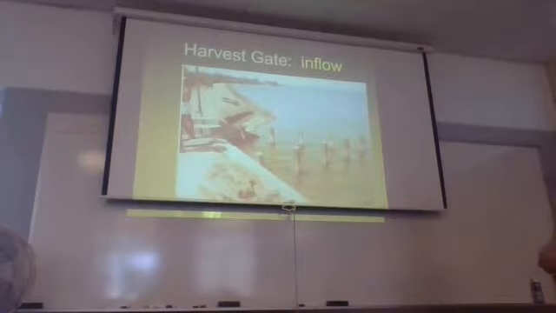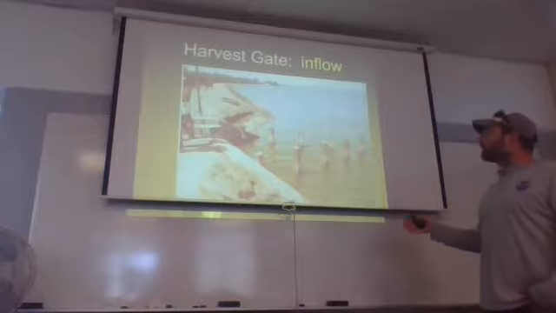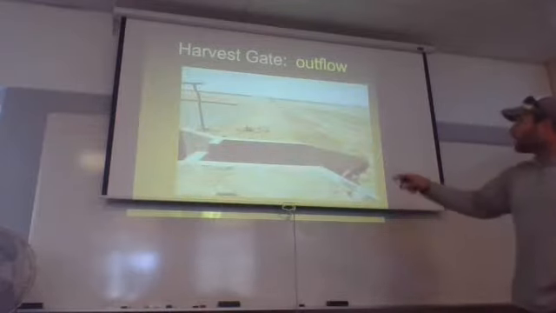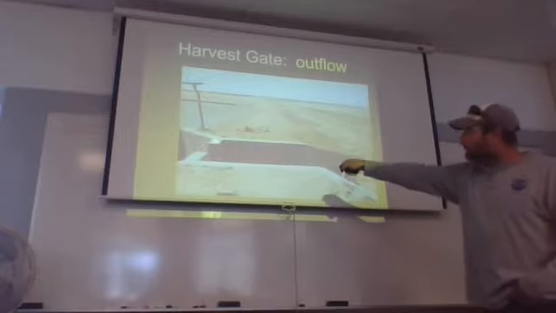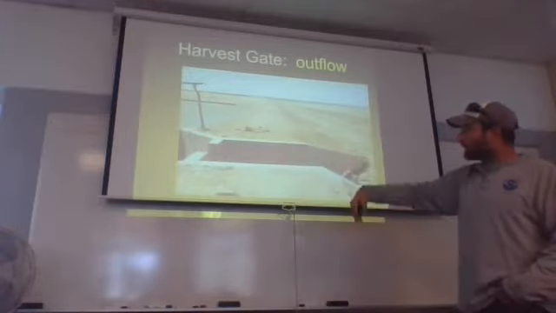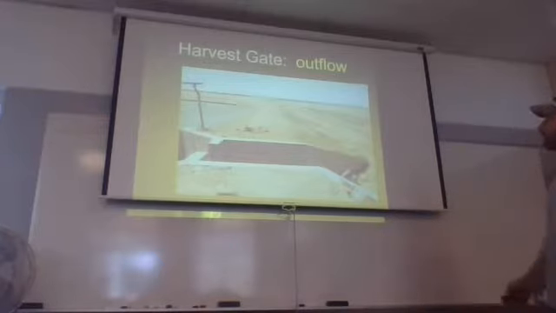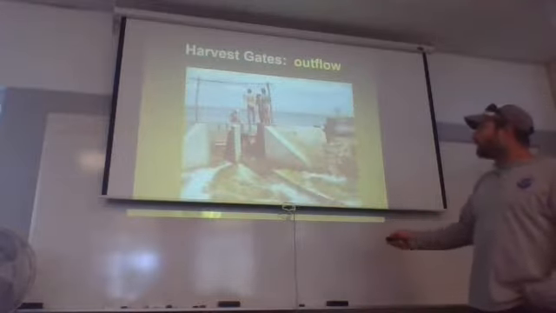On the opposite end of the pond, you'll have what's called a harvest gate or a harvest basin, and this is an area where, again, you can control the water. See those slots in the concrete? That's where you slide the boards in to keep water out, and when you let water flow through, it drains the pond.